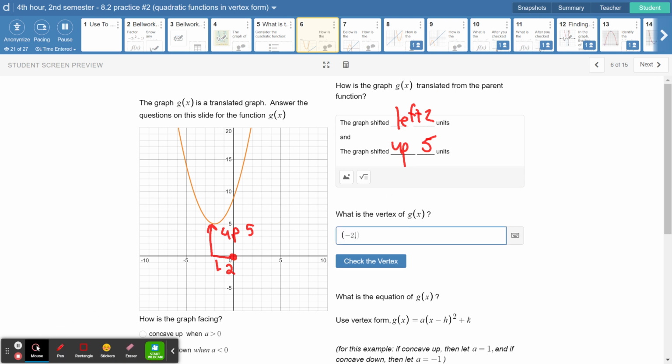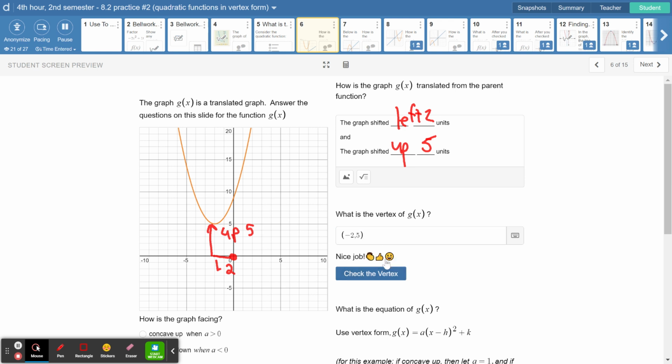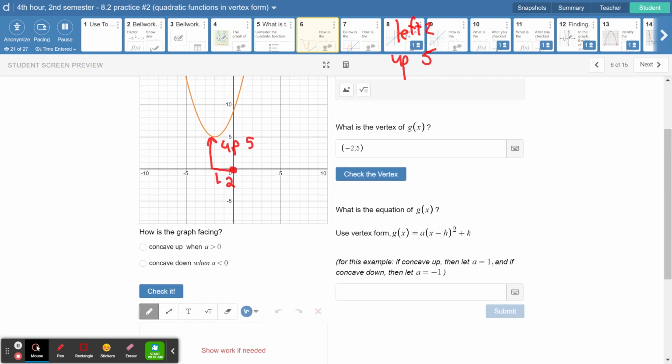So left means negative and up means positive. Now it's concave up because it's facing upward. And now we're going to plug that back in. Remember, what we're plugging in is a negative to something that's already a negative. So a negative times a negative is going to be a positive.